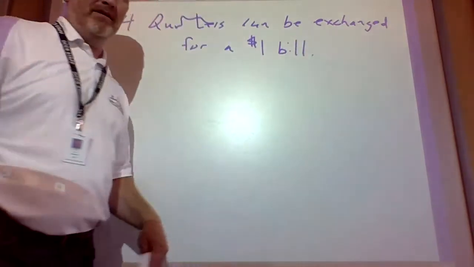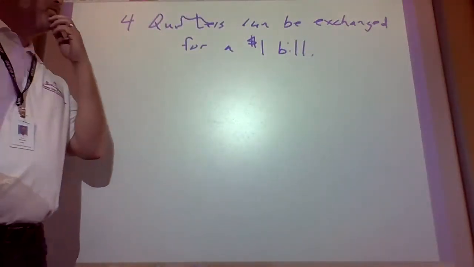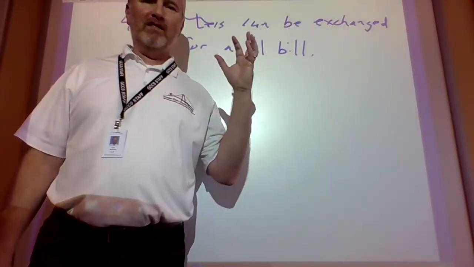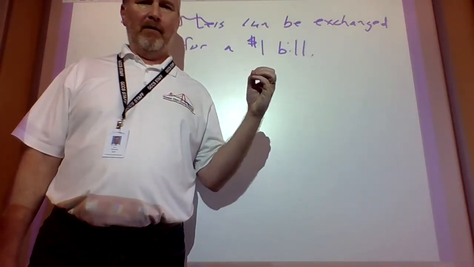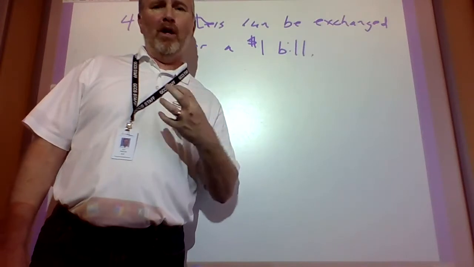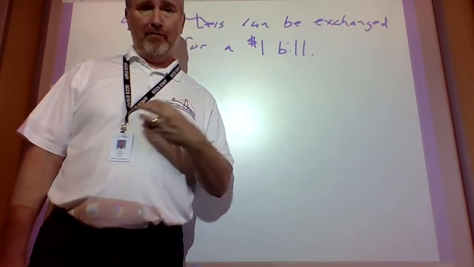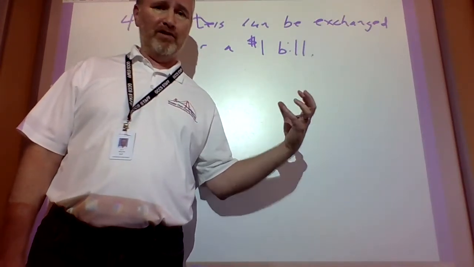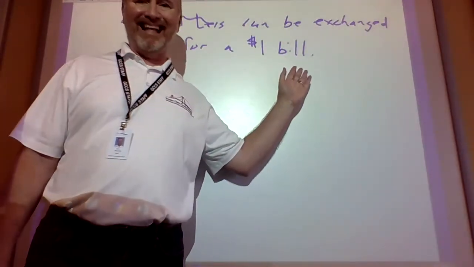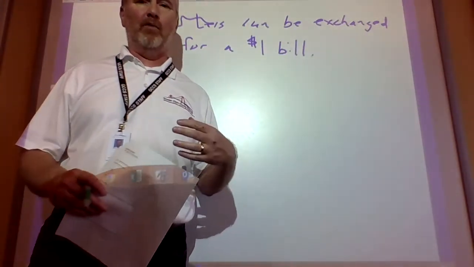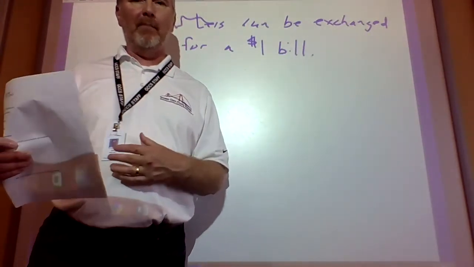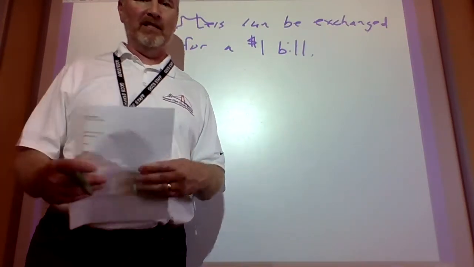Everybody pretty much agrees with that, right? So again, you got to say, what's going on here? I kind of need to have the $1 bill first before I can exchange it for 4 quarters. So even though the $1 bill comes last, this is another classic one where the if or the hypothesis is at the end and the conclusion's at the beginning.